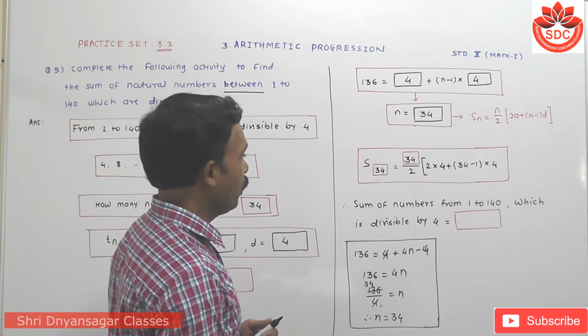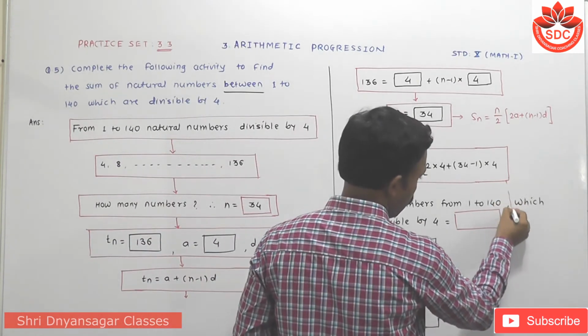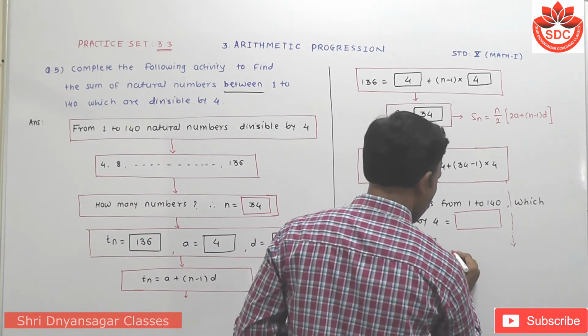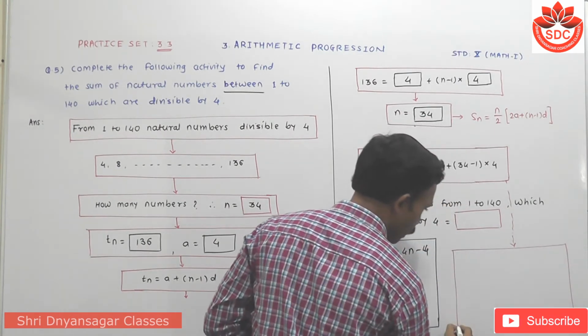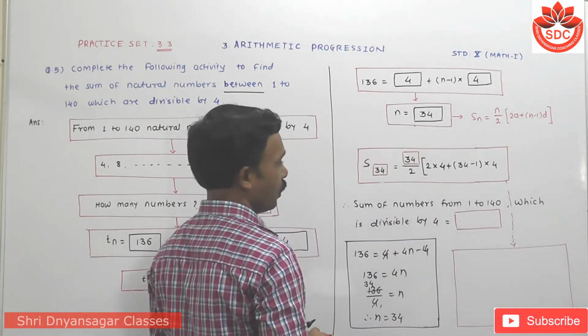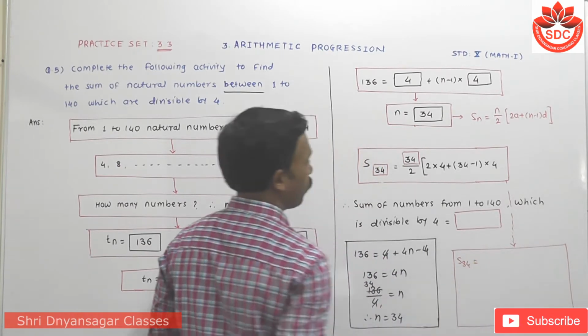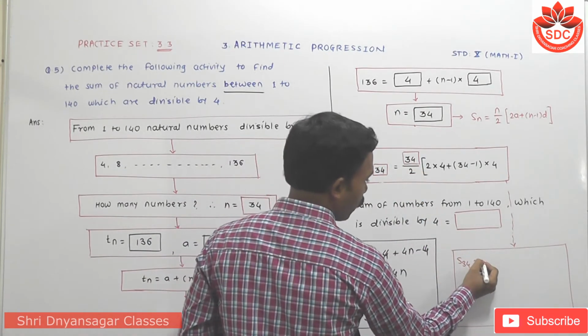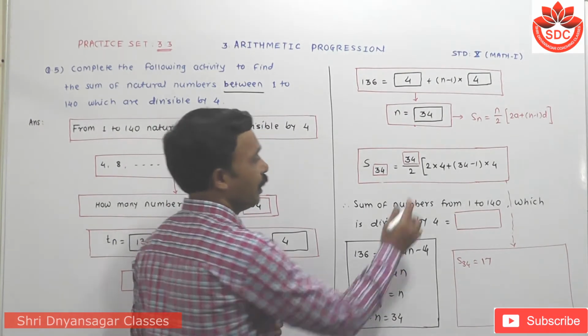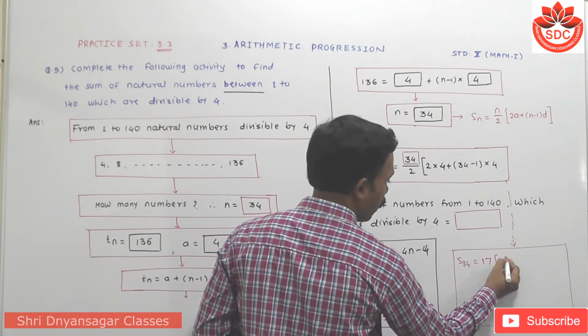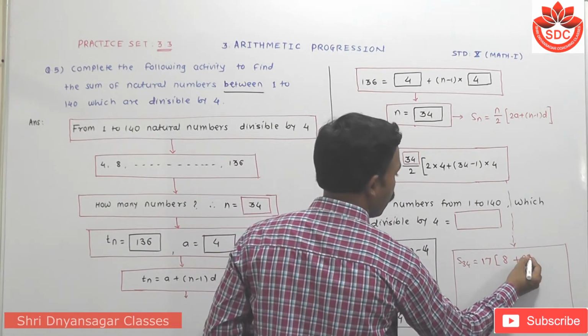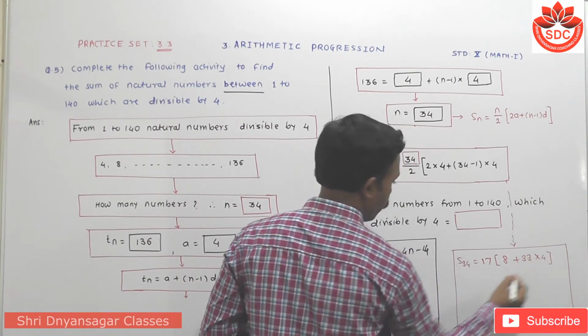Students, I have to do the calculation for this here. Look carefully, this is the calculation. Now suppose this is Sn, that is S34 is equal to 34 upon 2, which becomes 17. Then 2 fours are 8 plus 33 into 4.